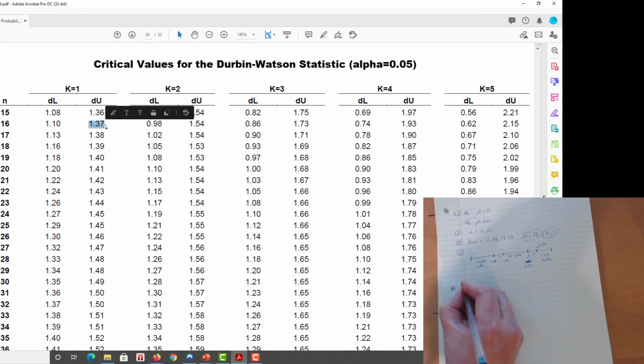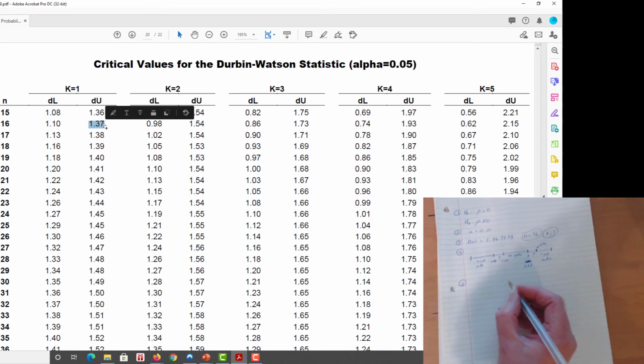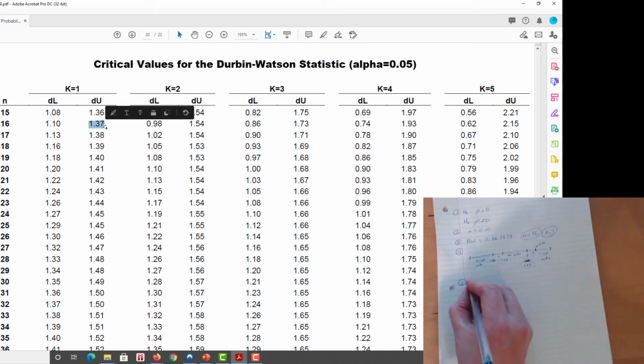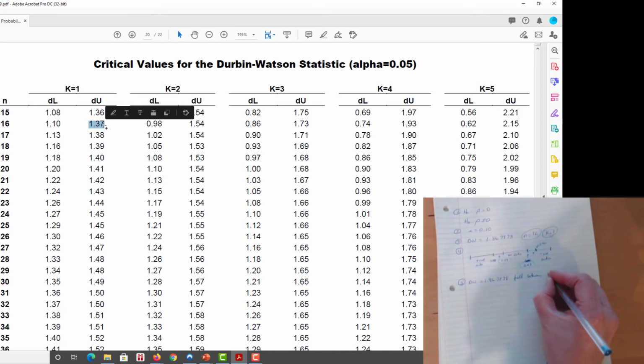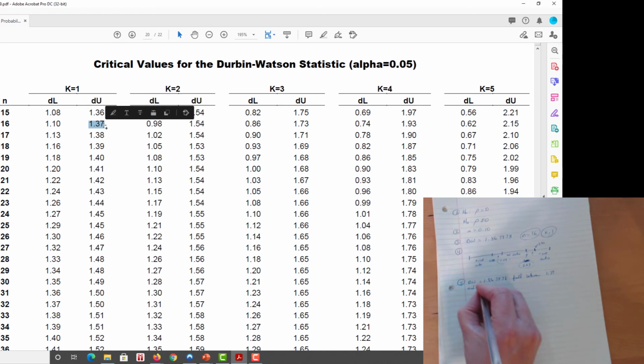Step 5 is now we look inside. We actually look in the line. Where did our 1.86 fall? Well, it fell between 1.37 and 2.63. So the dW is equal to 1.867878, falls between 1.37 and 2.63.